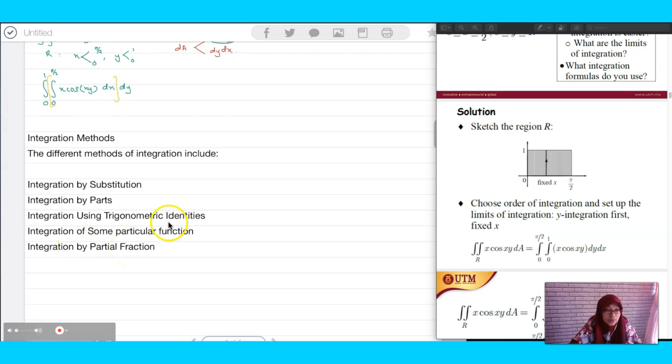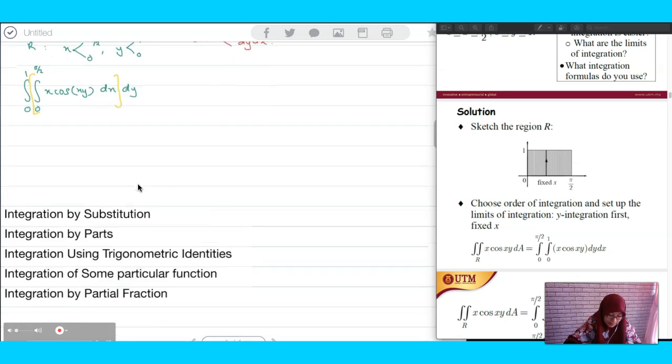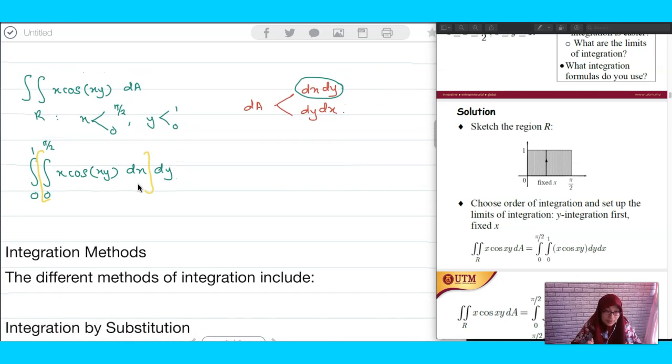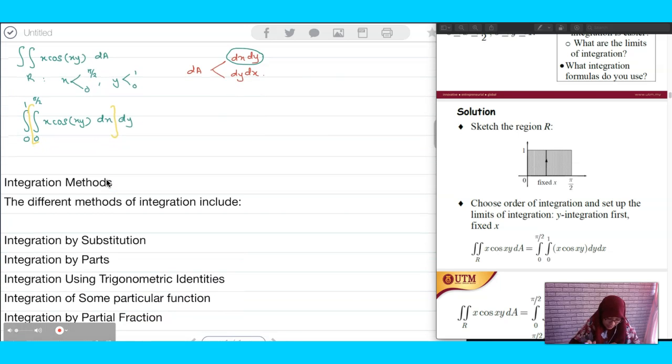Okay, so in this case, if you look at this example, you want to integrate with respect to x, and you can see x inside and x outside, hoping that after you implement that method, you can simplify the form. So what is the most suitable technique here? Do you need to implement by parts? Maybe you can try by parts, or maybe you can use substitution.